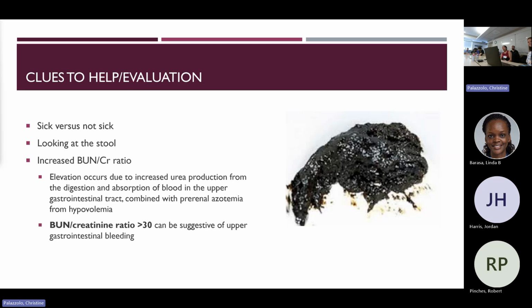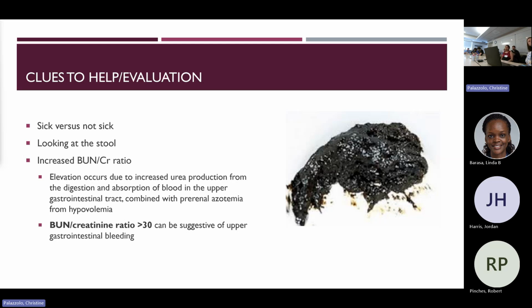And then don't forget the increased BUN to creatinine ratio. That can help you differentiate if something is truly an upper GI bleed. For our guy here, he has ESRD, so it was kind of hard to tell. It's not very useful, but it occurs because you have increased urea production from the digestion and absorption of the blood from the upper GI tract, and then you've got your pre-renal injuries as well.